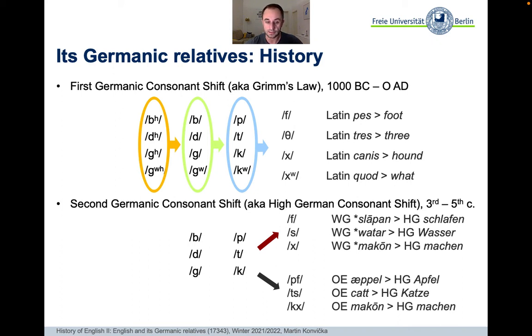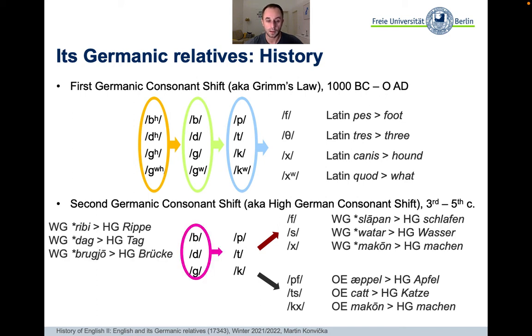Then the t sound changes to z, so that in High German we have Katze instead of cat in Old English, or cat in present-day English. And then the k changes to an affricate ch, which turns the Old English or West Germanic makon into the High German machen.